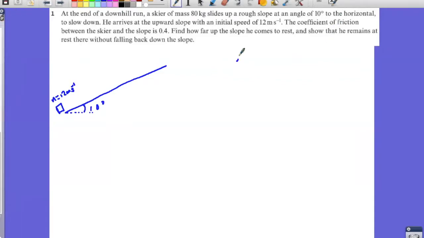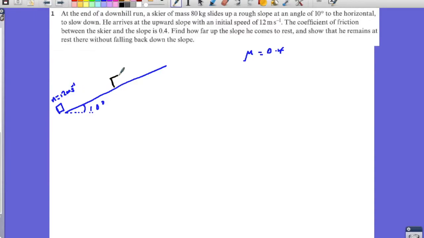The coefficient of friction, mu, is 0.4. Find how far up the slope he comes to rest and show that he remains at rest there without falling back down the slope. I think this problem is exactly what I illustrated.